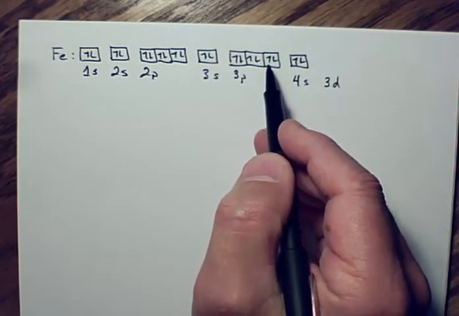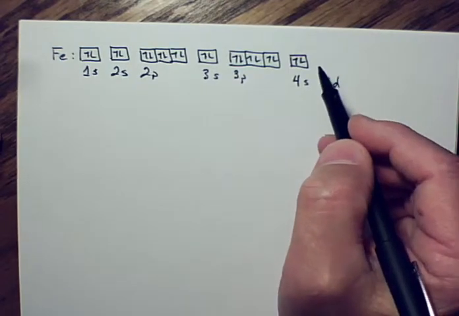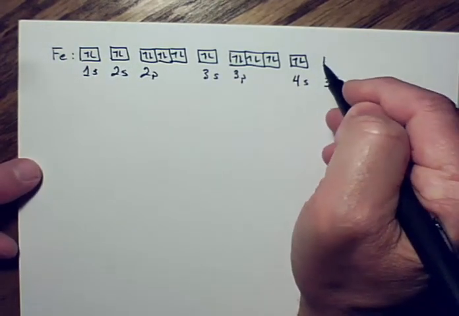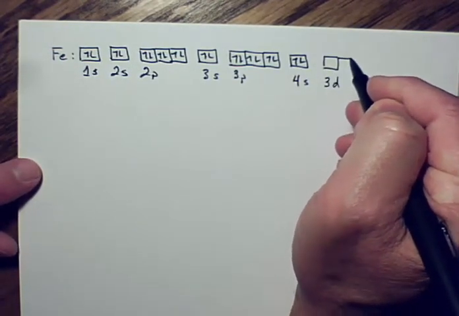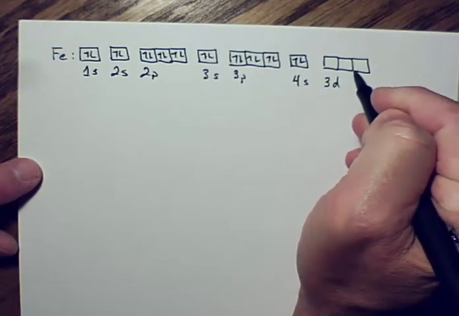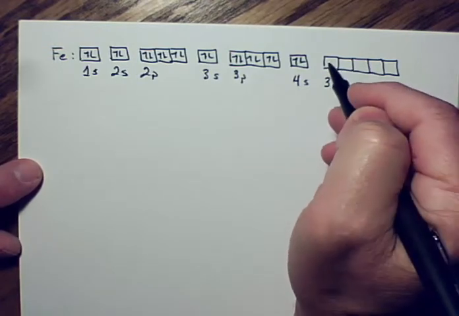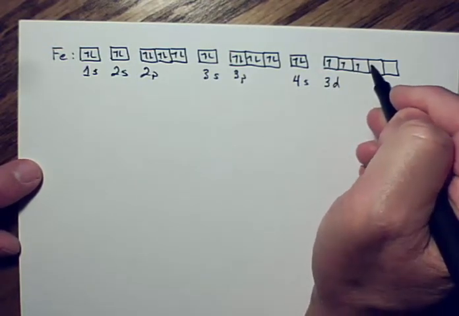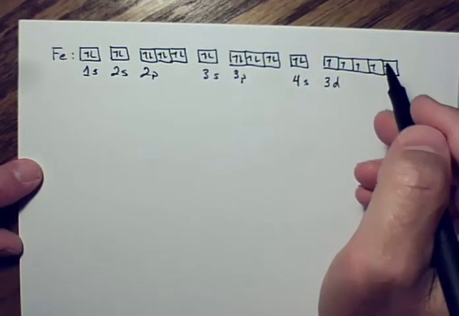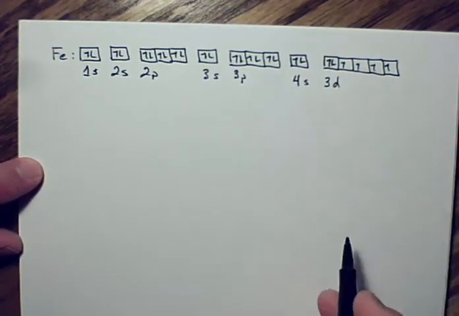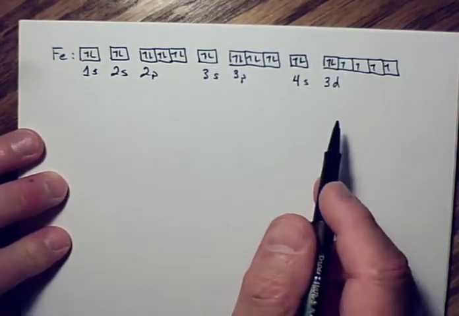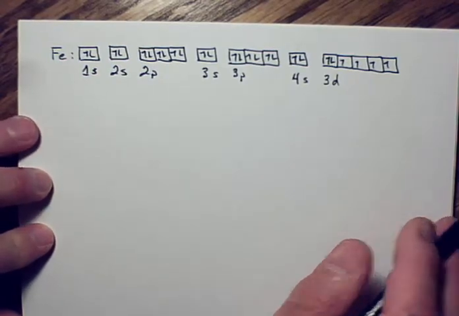Since you can only get 2 electrons in a box, that means you must have 5 boxes. And you have to have all the boxes, even if some of them are empty. And we need 6 electrons. 1, 2, 3, 4, 5. You put 1 in each box and then pair them up. And so that's the orbital notation for iron.